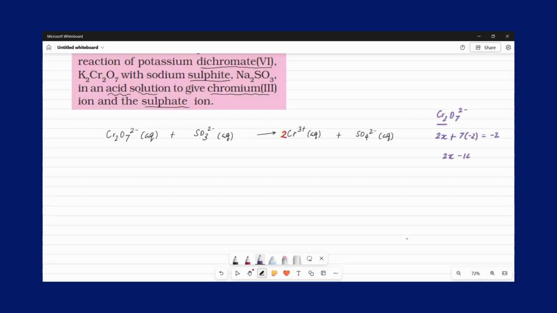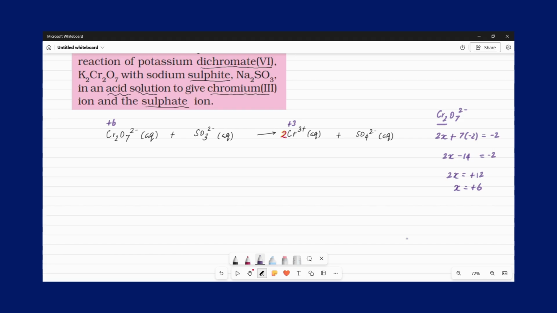So 2x minus 14 equals negative 2, so 2x is equal to positive 12, and X is equal to positive 6. So here you have positive 6. And this is a simple ion, so positive 3.